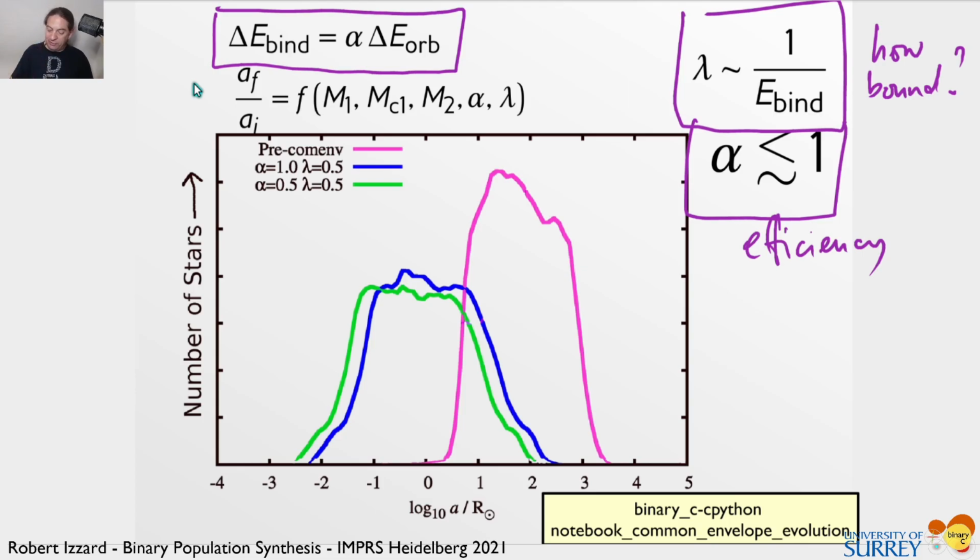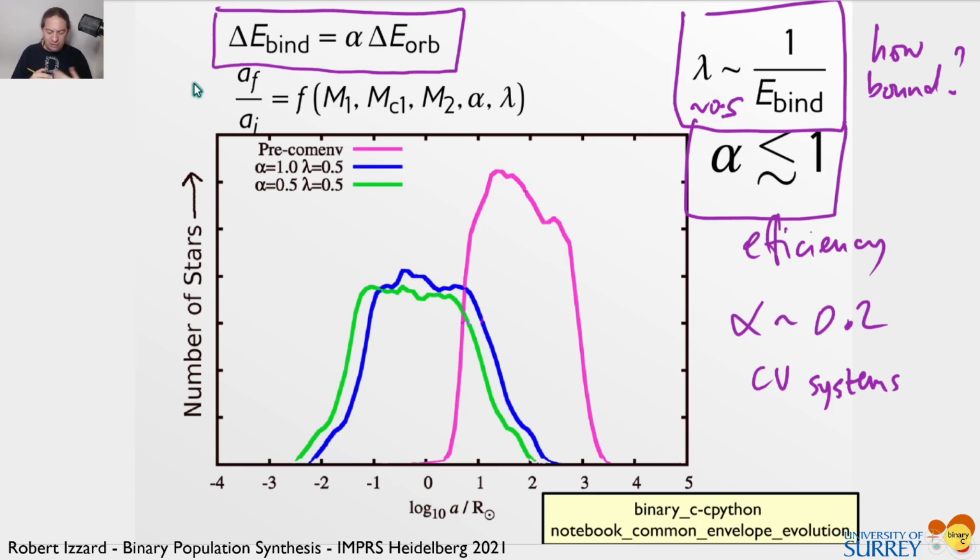And from observations, typically alpha in cataclysmic variables is around 0.2. But when I say around 0.2, some of them are 1, some of them are nearly 0. It's a bit of a mess. It's not great. And it's very, very hard to know exactly what the value of this is. Now, typically lambda is around 0.5. In stars, it does vary quite a lot. But in normal red giants, it's around 0.5. Let's say that for now.